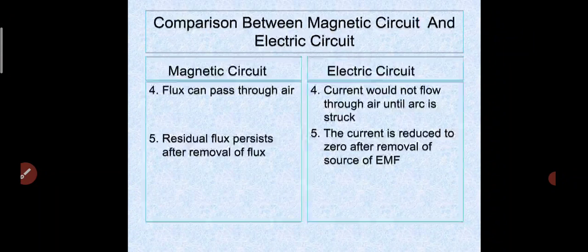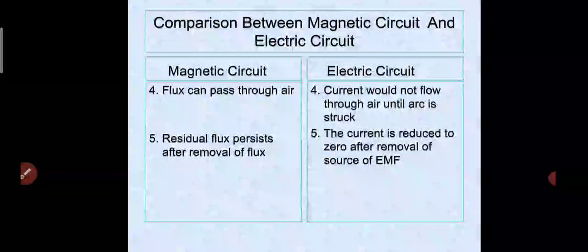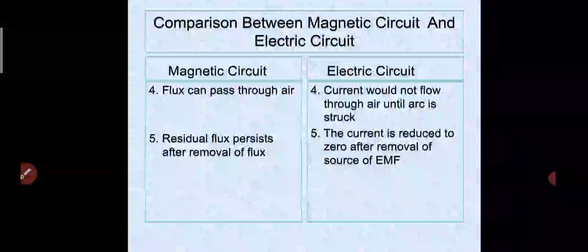And magnetic circuit, fourth point, flux can pass through air. And electric circuit, current would not flow through air until arc is struck. Magnetic circuit, fifth point, residual flux persists after removal of the source.